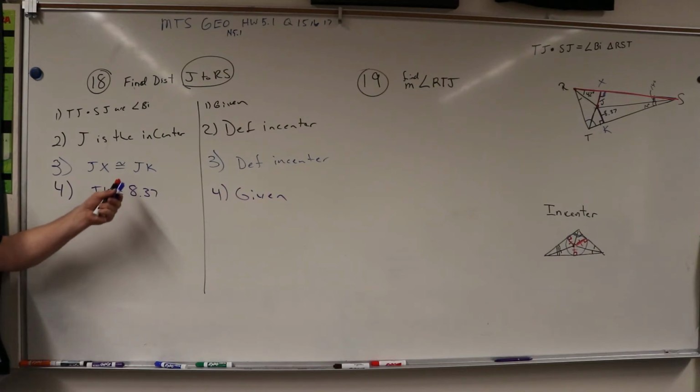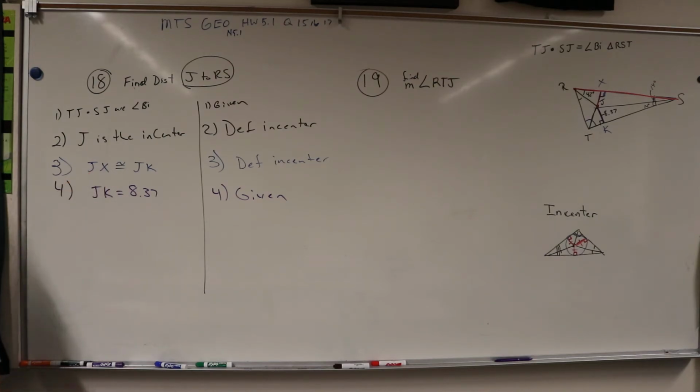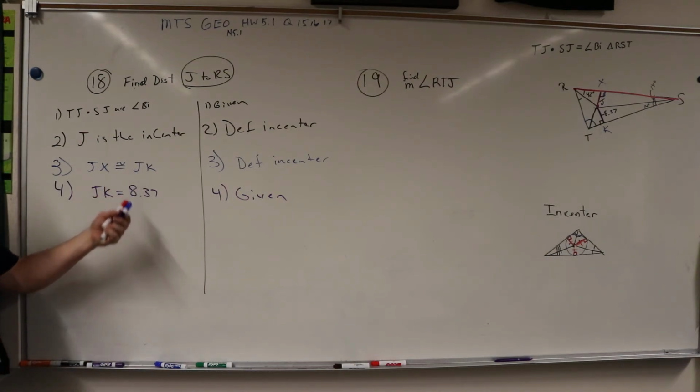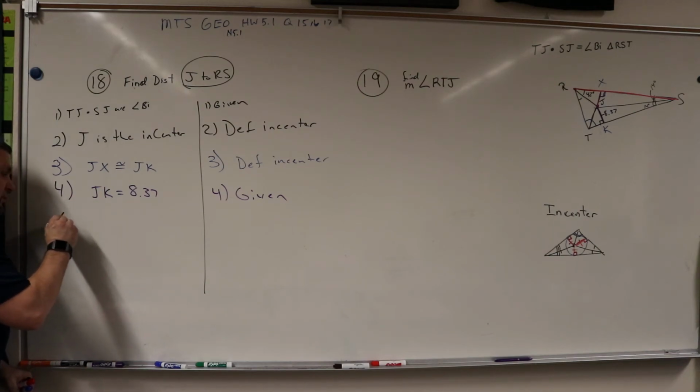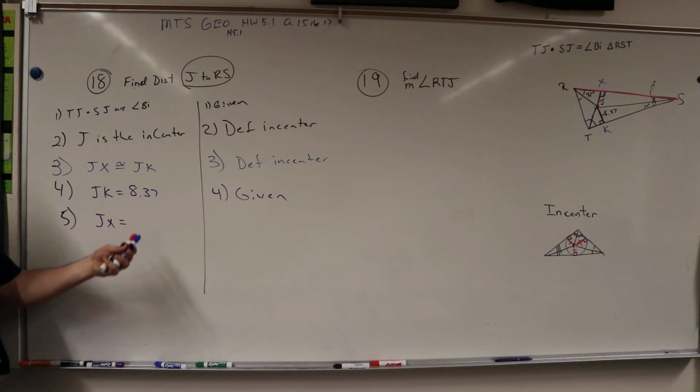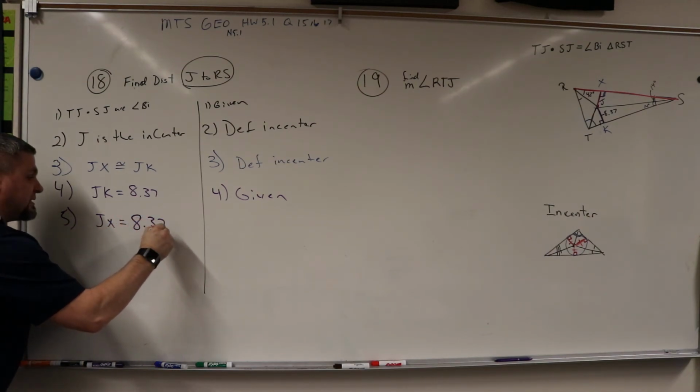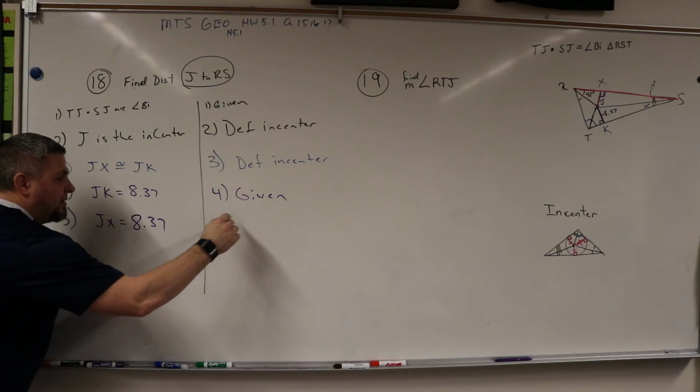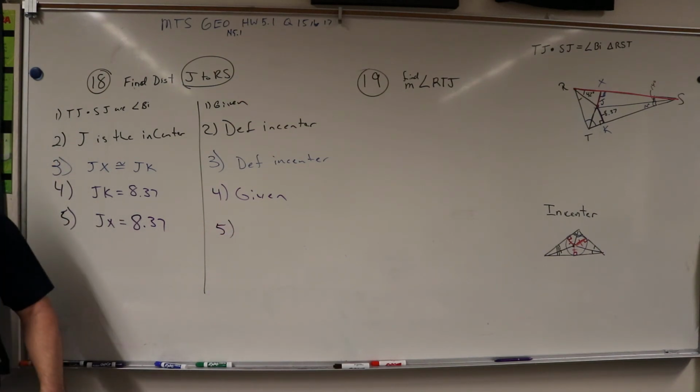And so how far is JX then? How far is that distance? So all we got to do is plug it in. So JX is equal to 8.37. Why? Well, what's it called when you plug something in?